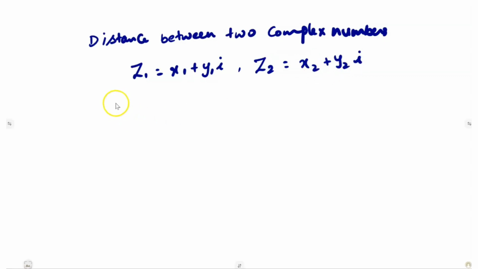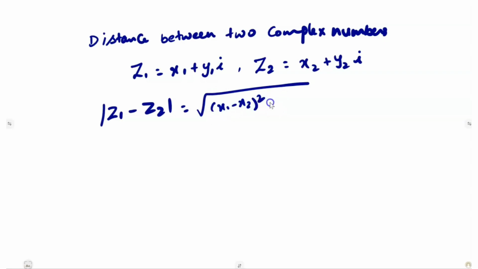If you want to find the distance between these 2 points z1 and z2, we represent this in the form of mod z1 minus z2, which is given by, as usual, your formula for distance between 2 points in coordinate geometry, square root of (x1 minus x2) whole square plus (y1 minus y2) whole square.